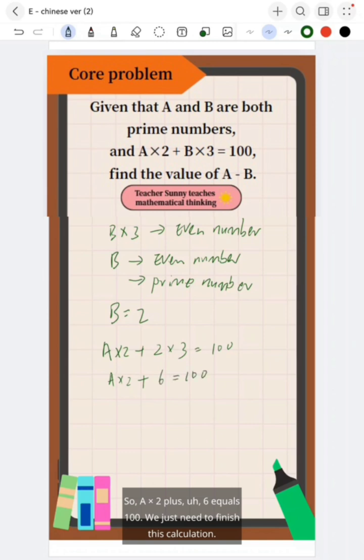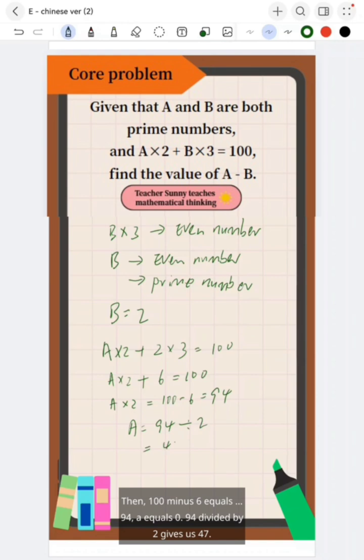We just need to finish this calculation. Then 100 minus 6 equals 94, and 94 divided by 2 gives us 47. So in this way, we found that b equals 2 and a equals 47.